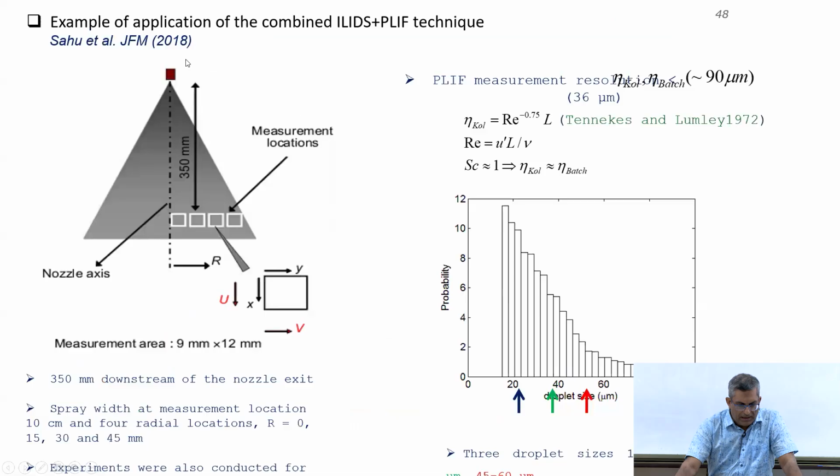Now, the application of this combined LIF technique is shown here for the acetone spray. So, we can measure the size distribution, and also as in the previous class, here we can divide the droplets into different size classes, and we can calculate the Stokes number for each size class to see how they respond to the turbulent flow fluctuations.